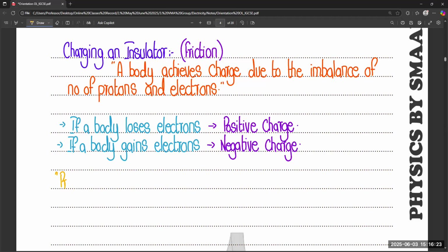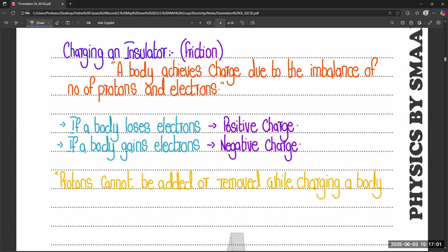So protons cannot be added or removed while charging a body. This is a very important point.